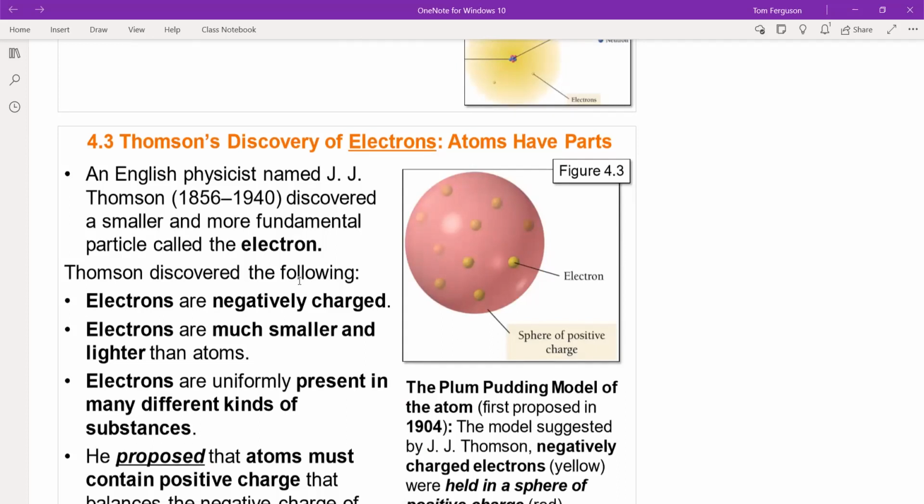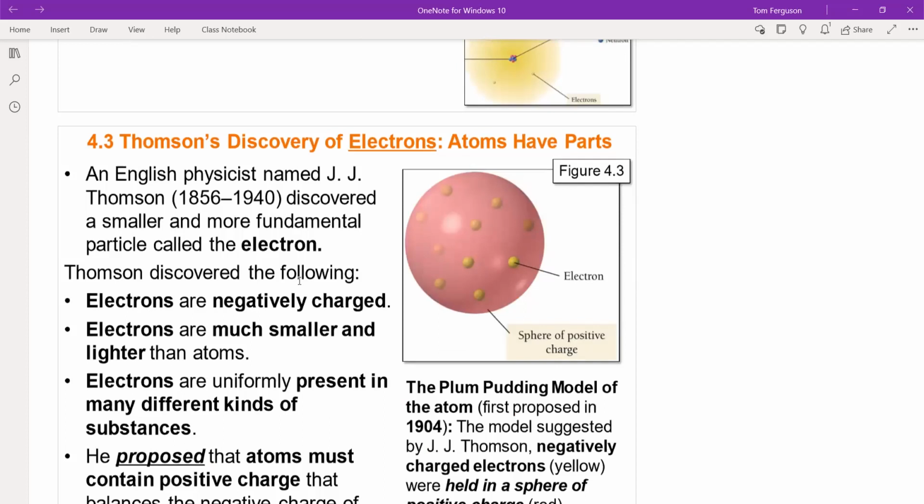Okay, a little while later, there's a guy named Thomson. He discovered the electron, a negatively charged particle within the atom. He called it a corpuscle, and then they changed the name to electron.